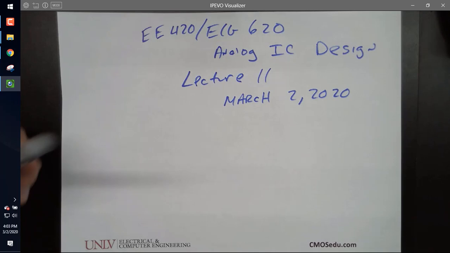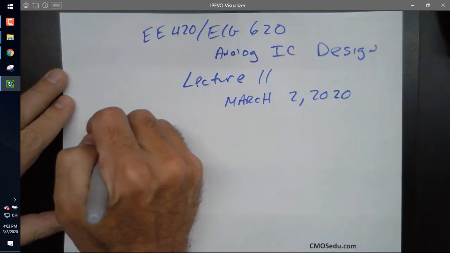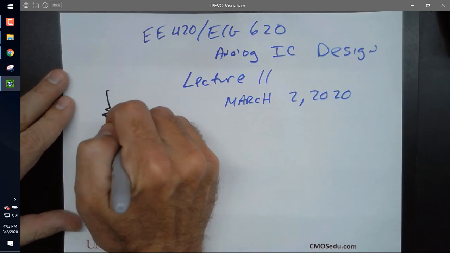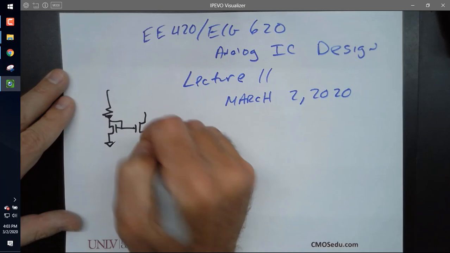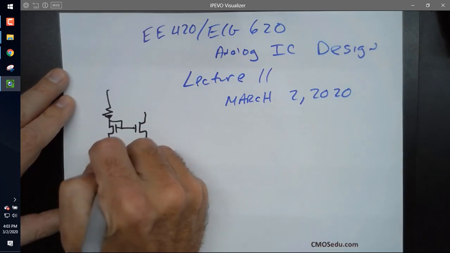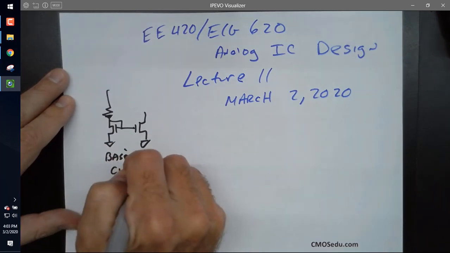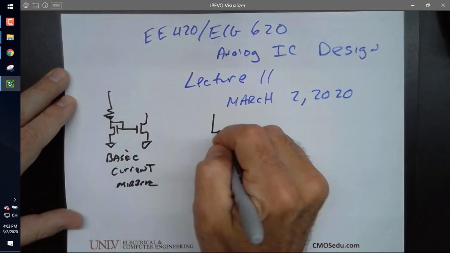So here's the idea. Let me go through the evolution of the current mirror. We started out with this. And what was this mirror called? This is just the basic current mirror. Then we went to the cascode, which was this.